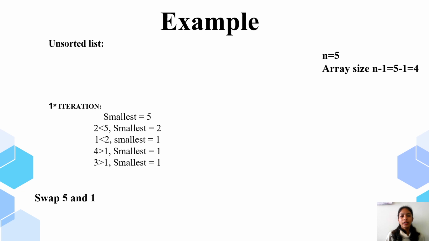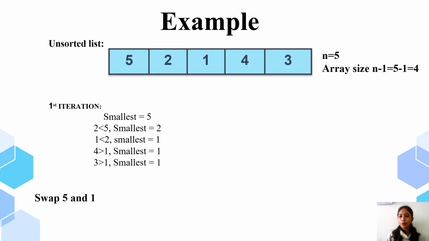Example: unsorted list 5, 2, 1, 4, 3, and the number of elements n is equal to 5, so the array indices go up to n minus 1, which is 5 minus 1 equals 4.